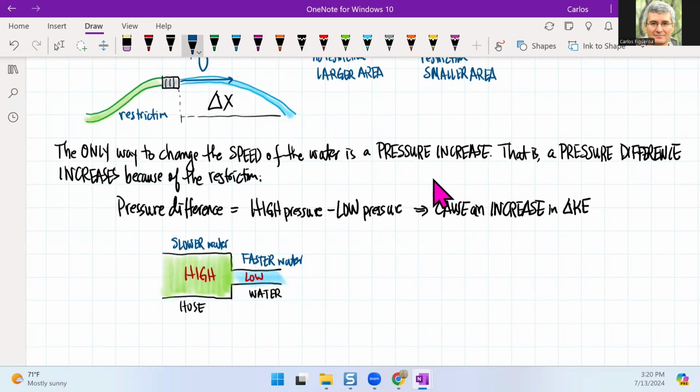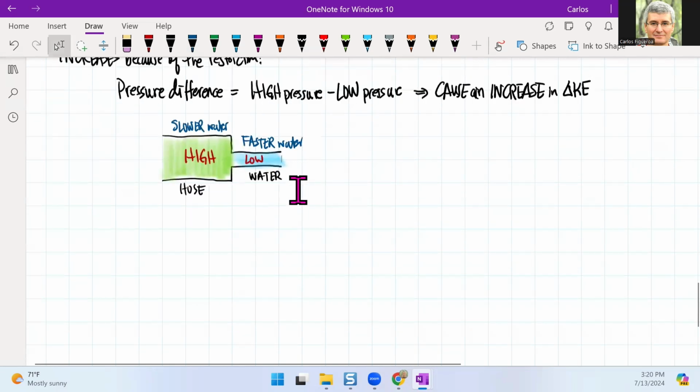So if I'm now going to make this jump to electric circuits, the pressure difference is the same as the potential difference, which means there's a voltage.